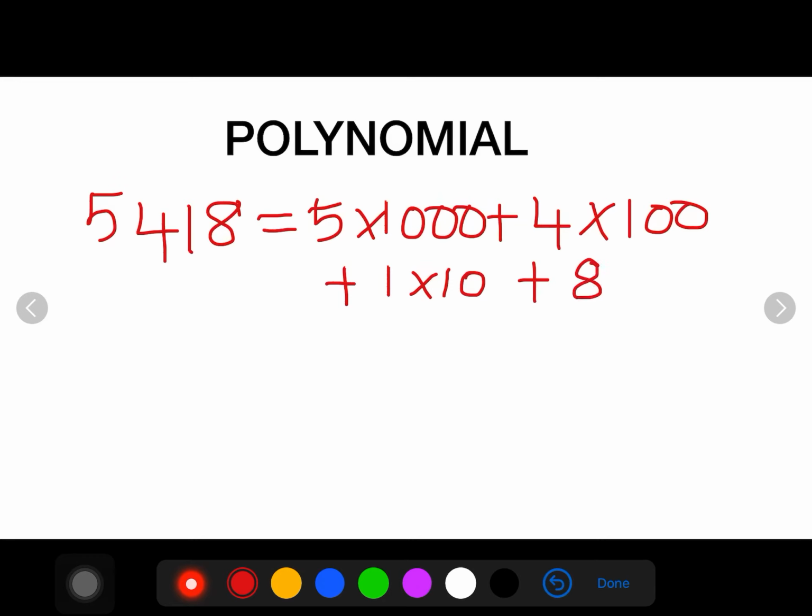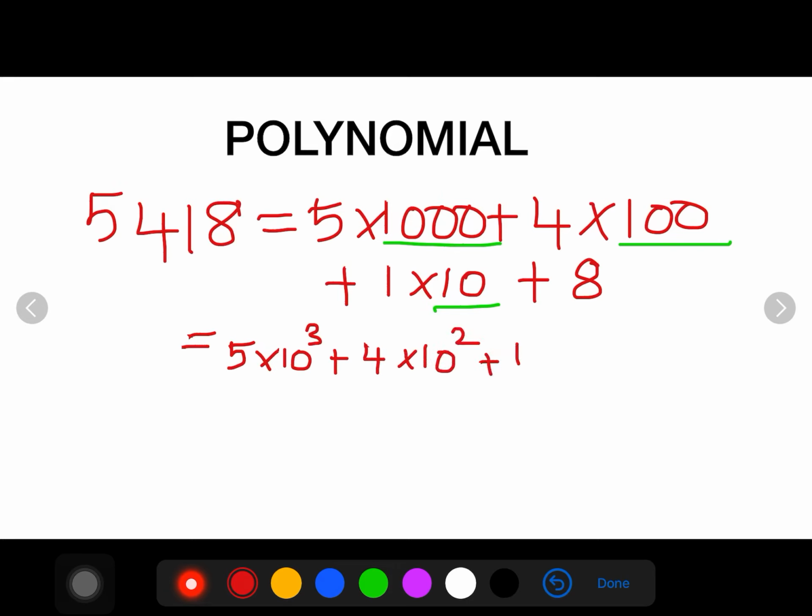Can we write 1000 as 10 cube? And similarly 100 we can write as 10 square, and this is already 10. So I'm going to express it like this: 5 into 10 cube plus 4 into 10 square plus 1 into 10 plus 8.